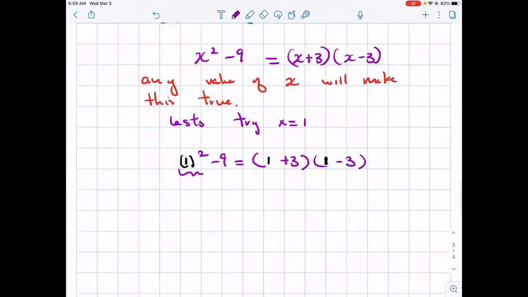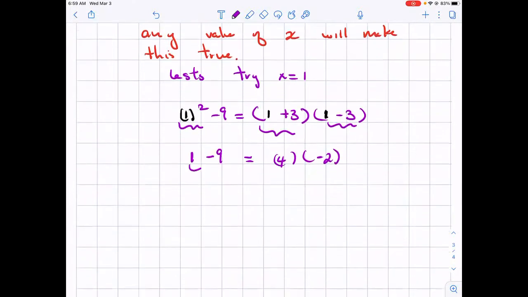So 1 squared is 1, minus 9 is minus 8, and that is equal to 1 plus 3 which is 4, times 1 minus 3 which is negative 2, and 4 times negative 2 is minus 8. And this is just one example.